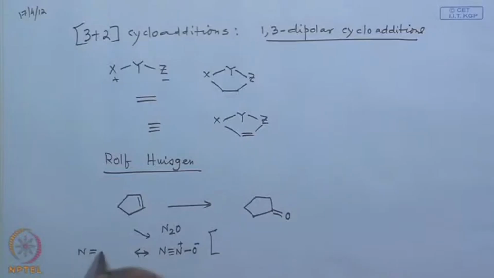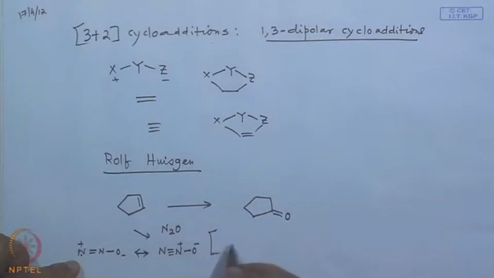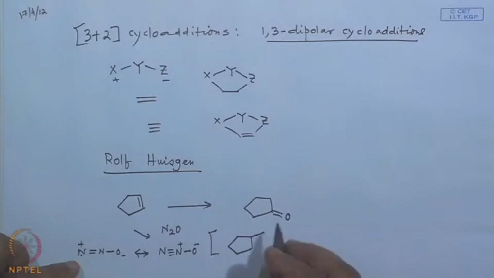That means first and third atoms are charge separated, and one is plus and other is minus, and so it is a 1,3 dipole, and that undergoes cycloaddition reactions. This is what we call the 3+2 cycloaddition reaction. And so, what you will find? You will find a pyrazole derivative.